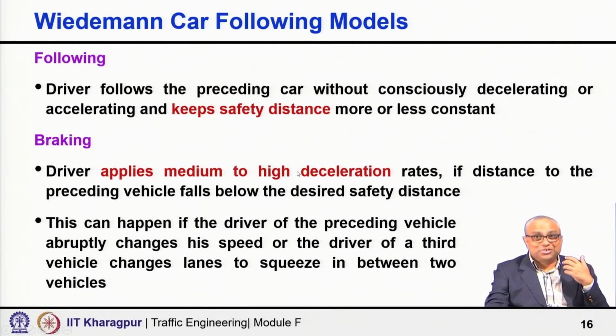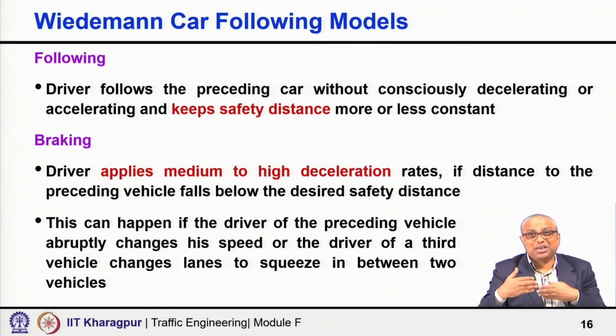Then the next stage, braking. In this case, the driver applies medium to high deceleration rate, because you are coming closer and you find that the gap, the spacing that is required, is lesser, right. So, you apply brake.